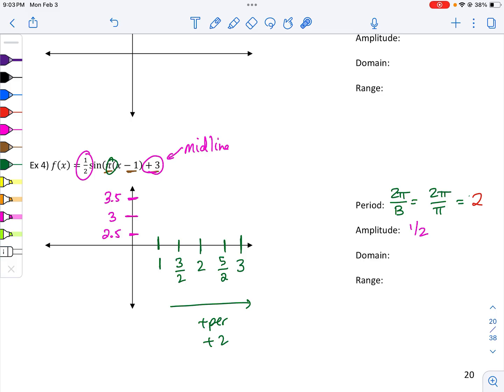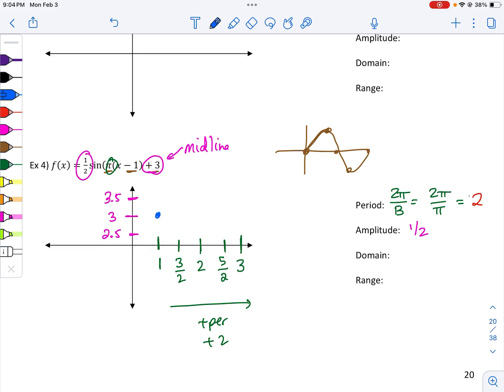All right, so now when we think about the sine graph, normally our sine graph goes from the middle, up, middle, down, middle. And that's going to be the way that our graph looks here because it doesn't have a negative sign in the front. Okay, so remember, it starts at the midline. So at 3, and then at our first x value, which is that horizontal shift at +1.